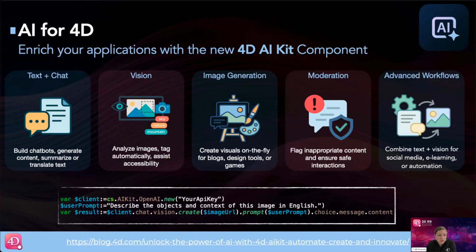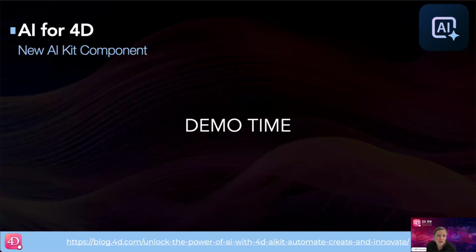With 30 ready-to-use classes, you can start building real use cases right away, and we'll be sharing even more business-oriented examples very soon. This is just the beginning. AI Kit is here to supercharge your apps with AI. These features are still in the early stages of development, of course, but you can expect major enhancements in future releases of 4D. And now, for a full overview, here is a demo from David.